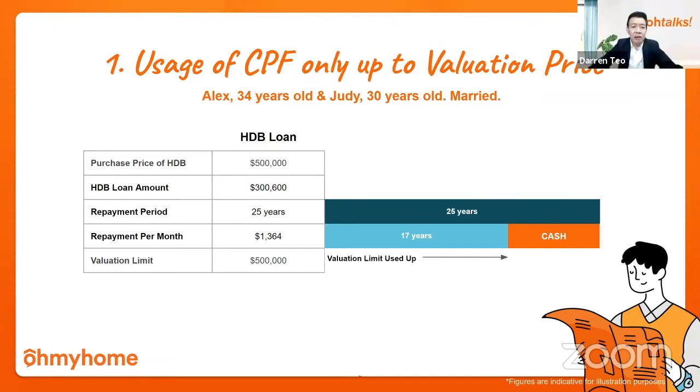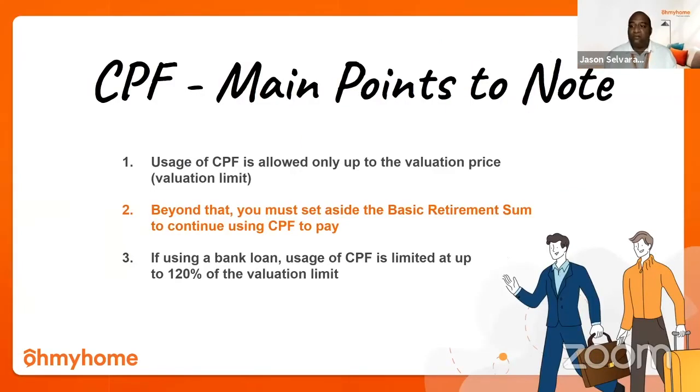So Jason, how can they continue to use the CPF to service their loans? Well, Darren, to continue to use CPF to pay after the valuation limit is reached, we will look at point number 2 with regards to the basic retirement sum. Now, we know that the valuation limit of $500,000 is going to be used up in 17 years.